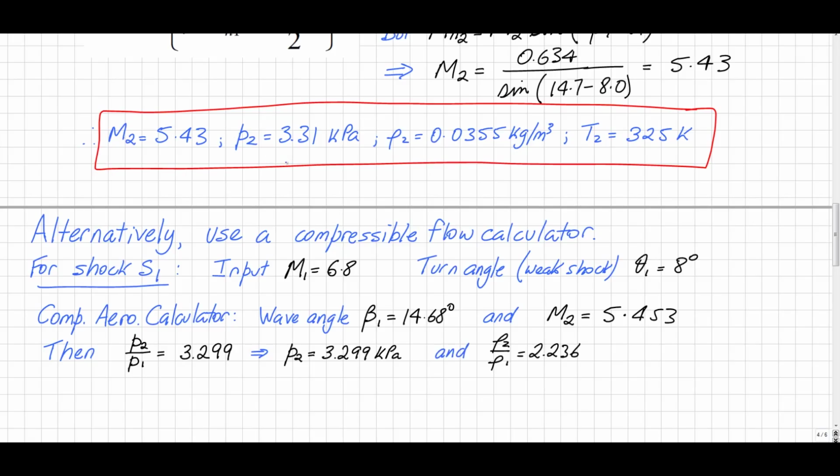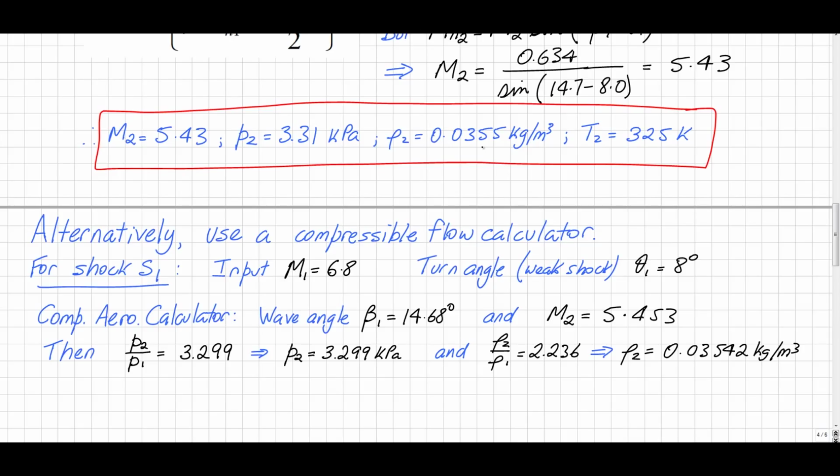The calculator gave us the static density ratio being 2.236, so therefore our static density downstream of the shock comes out to be 0.03542 kilograms per meter cubed, and that compares with our value of 0.0355 that we had above.